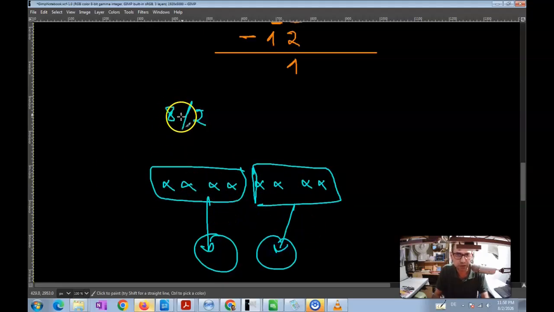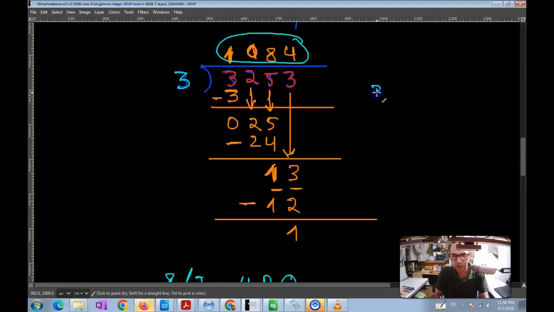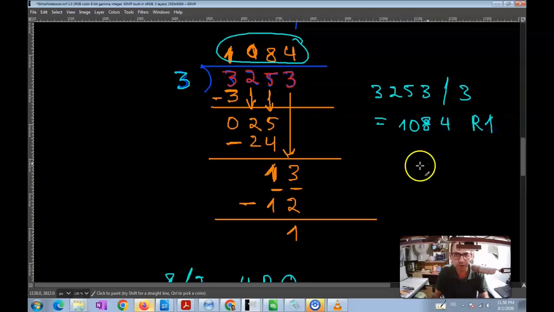So I can say that 8 is divisible by 2, because 8 divided by 2 is equal to 4, and the remainder is 0. But in this case, 3253 divided by 3 is equal to 1084 with a remainder of 1, so this number is not divisible by 3, right?